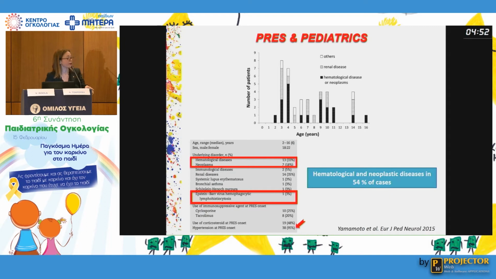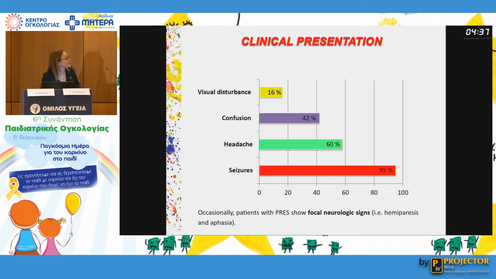Hypertension is quite frequent. In this study, it occurred in 95% of the patients, but this is probably because in this cohort there were many renal diseases.